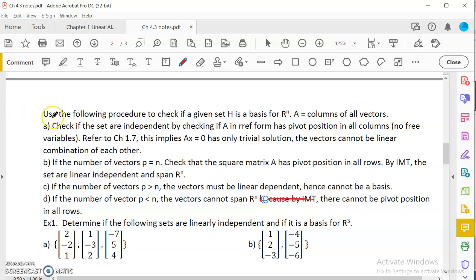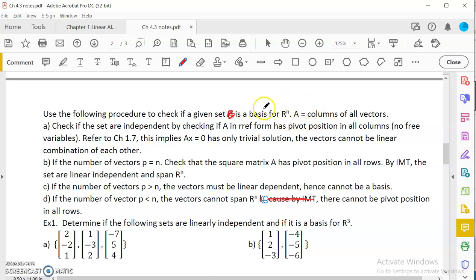Okay, let's check. How do I check if a given set B is a basis for Rn? I should say B instead of H, since H is usually called a subspace.